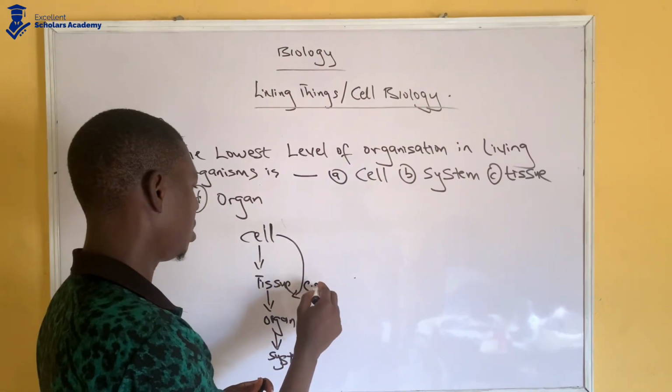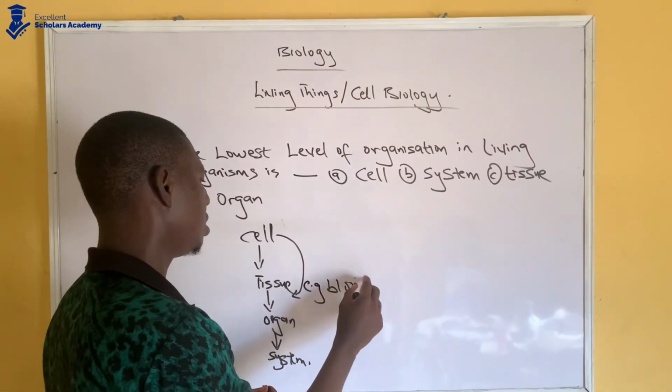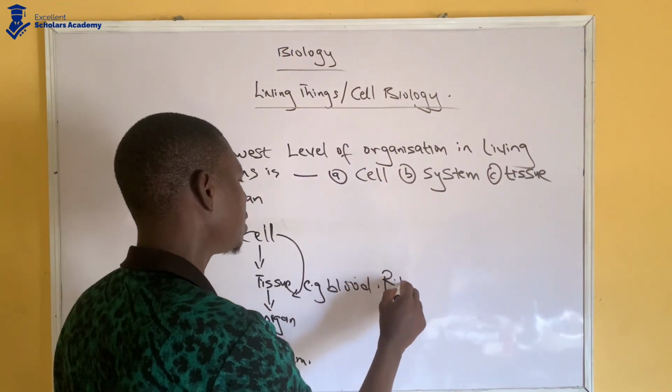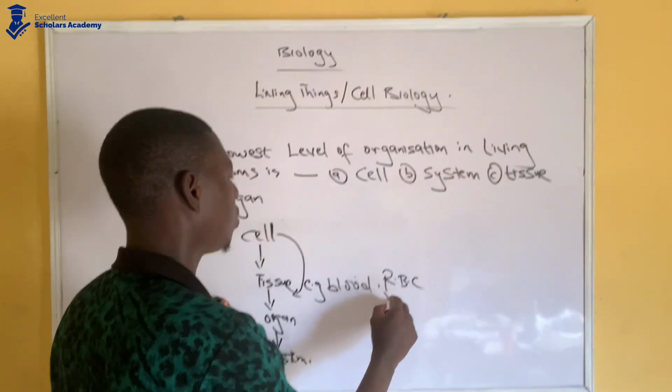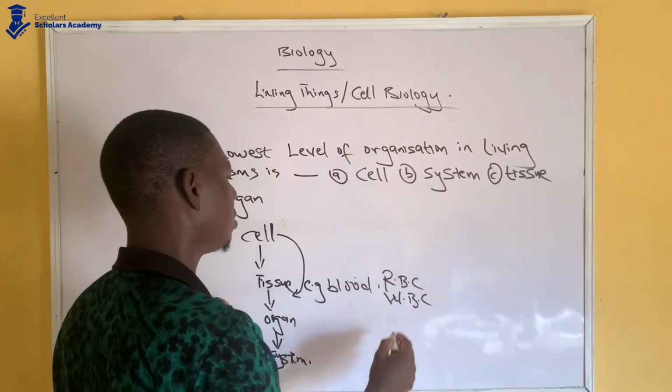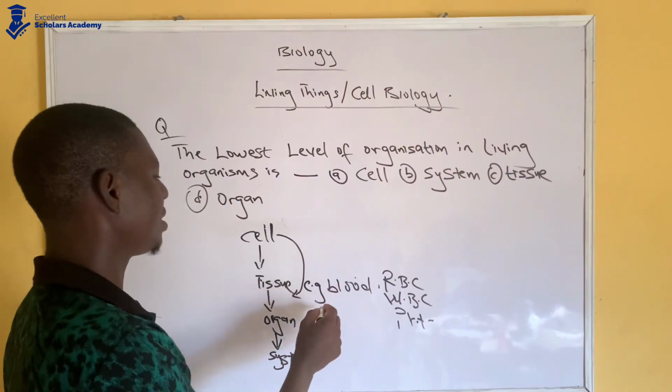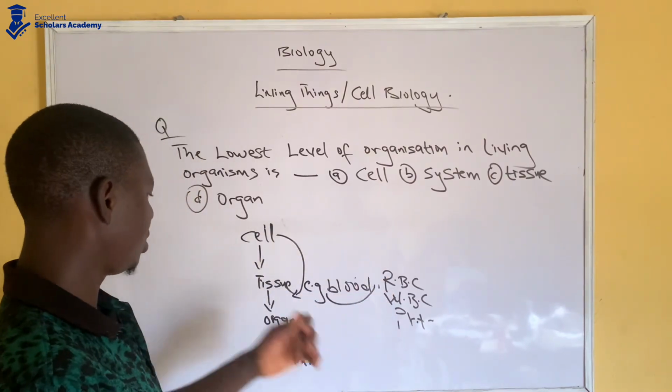So, for example, blood is a tissue. Why? We have the red blood cells, the white blood cells, and platelets in there. This is an example of a tissue.